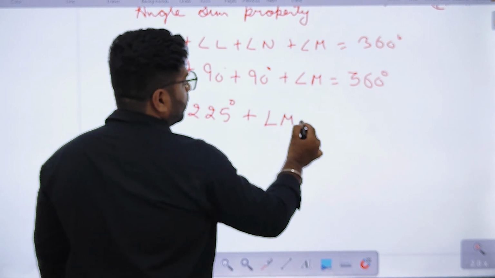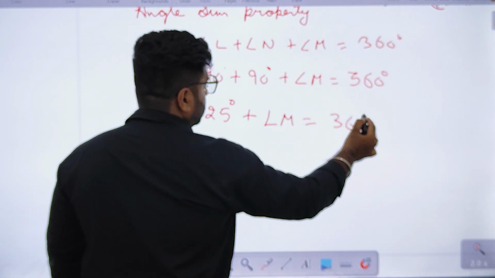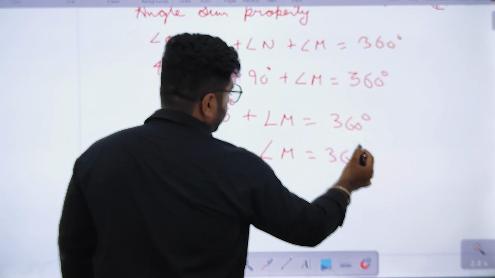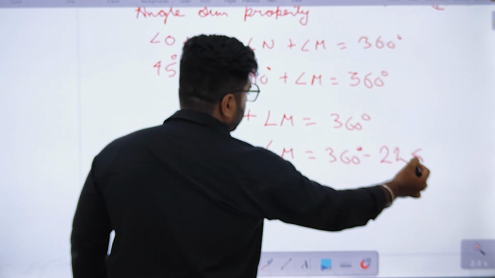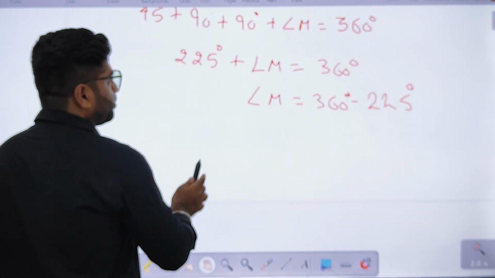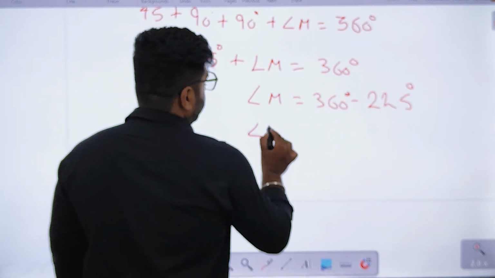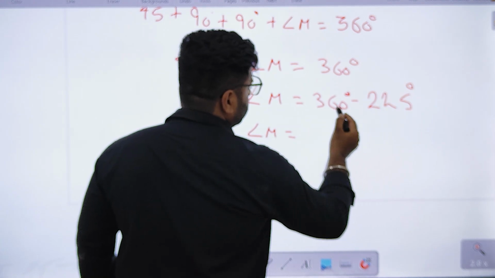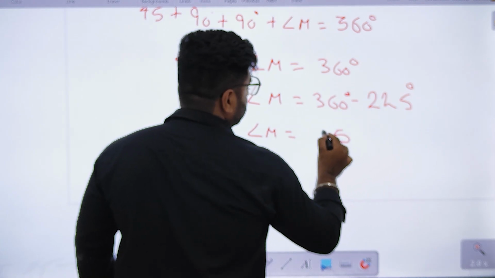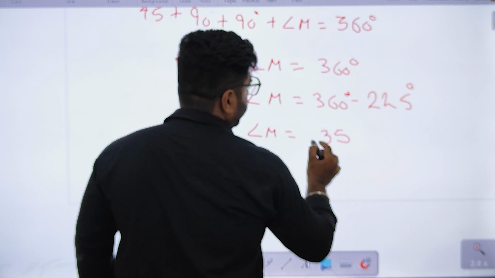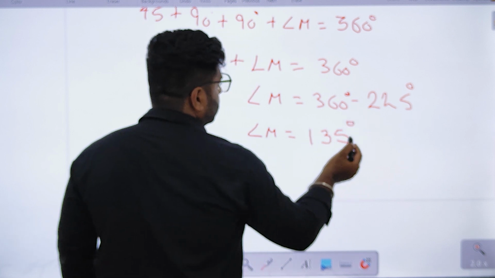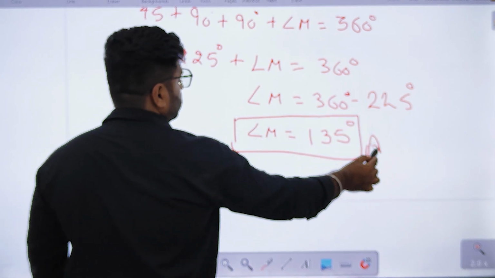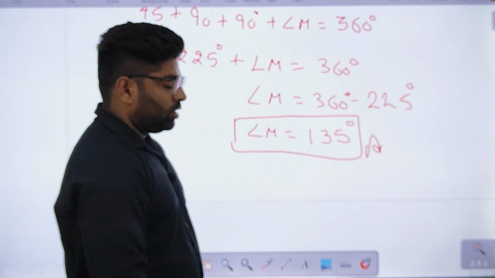And here we have angle M. So angle M is 360 degrees minus 225 degrees. Here angle M equals 135 degrees. That is the answer.